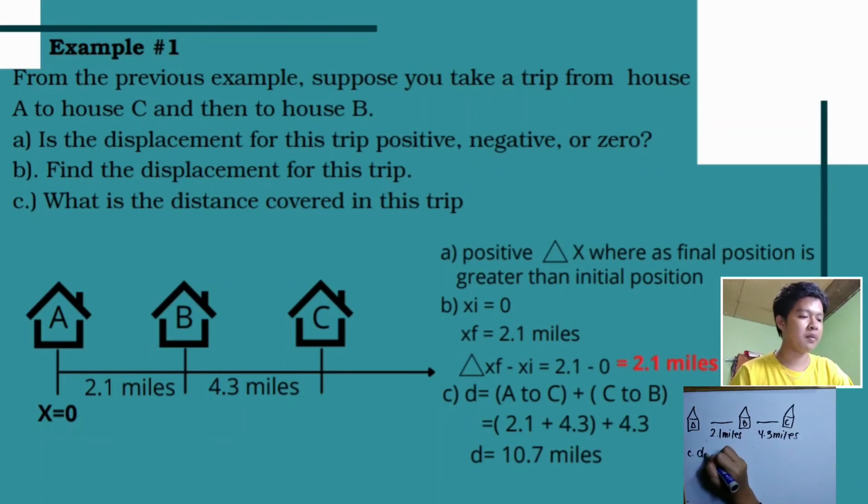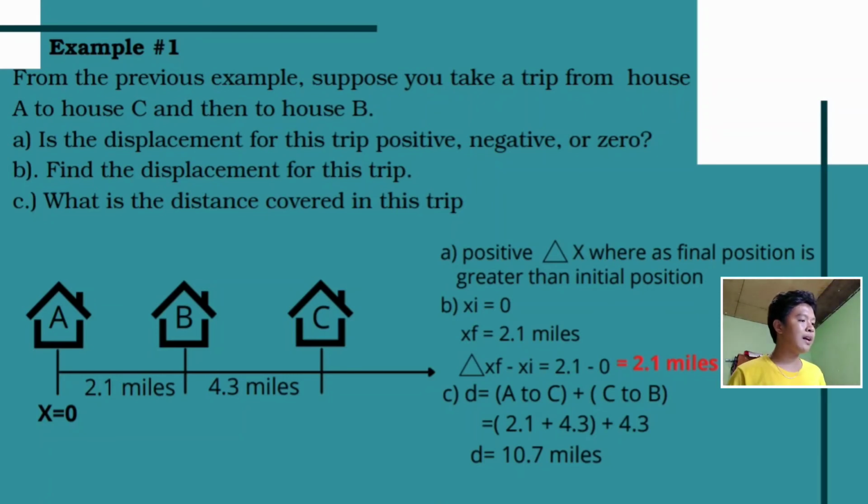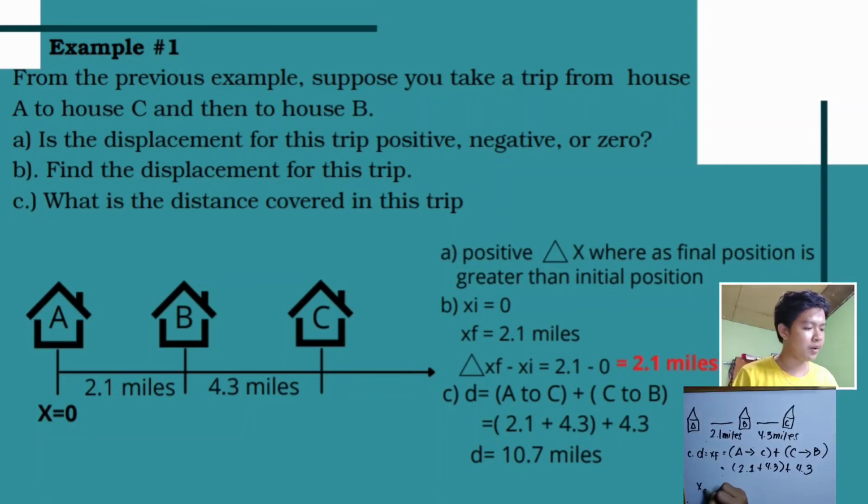So distance equals A to C, then add C to B. Then substitute it. 2.1 miles plus 4.3 miles, then plus 4.3 miles.